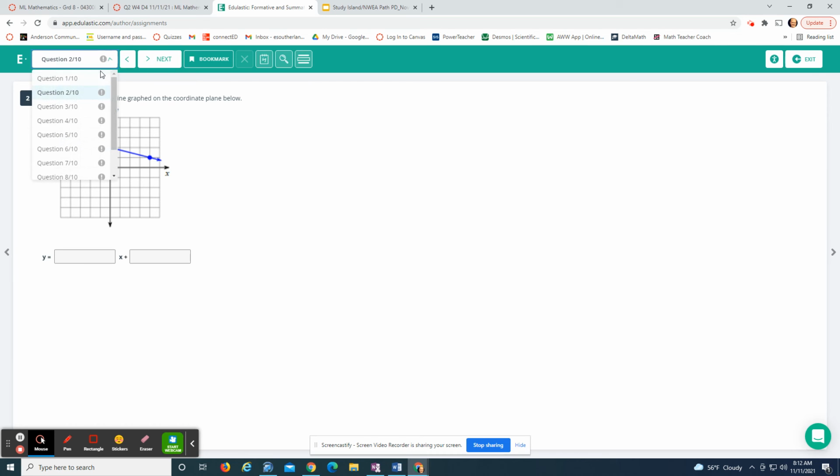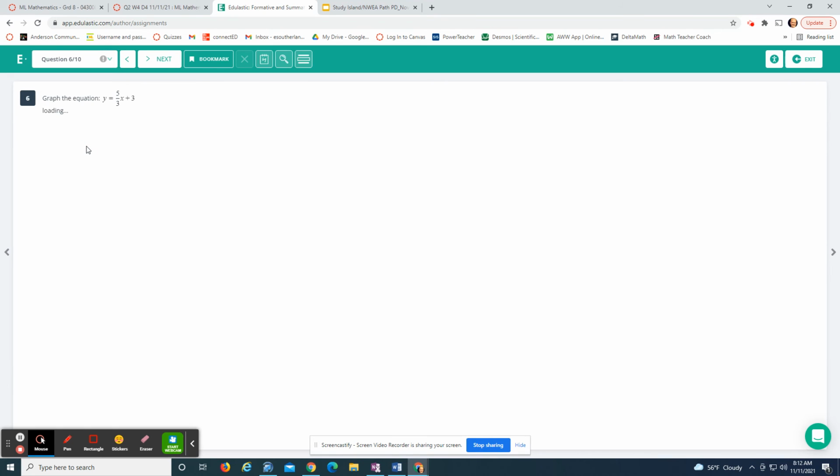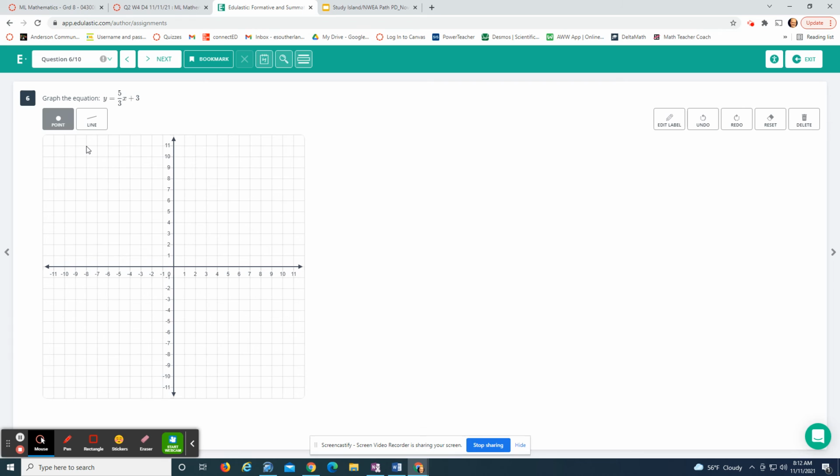What I want you to do is drop down to question 6. Question 6 asks you to graph the line. So you're going to click on the line here because we want to graph the line. My b is plus 3, which is just positive 3.